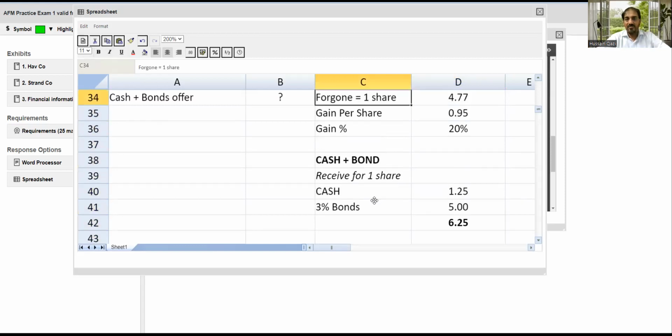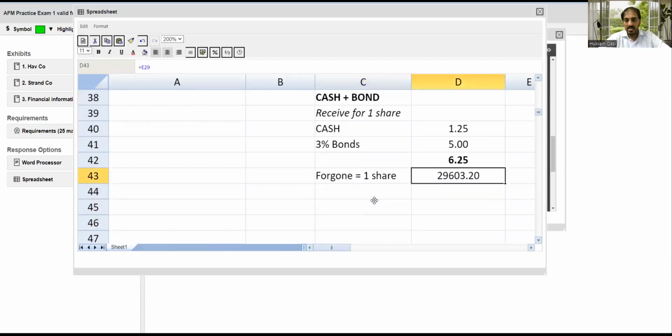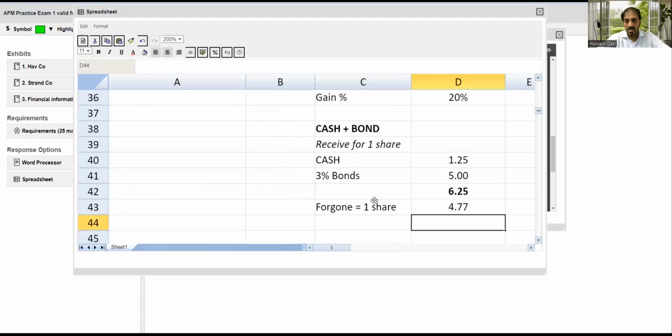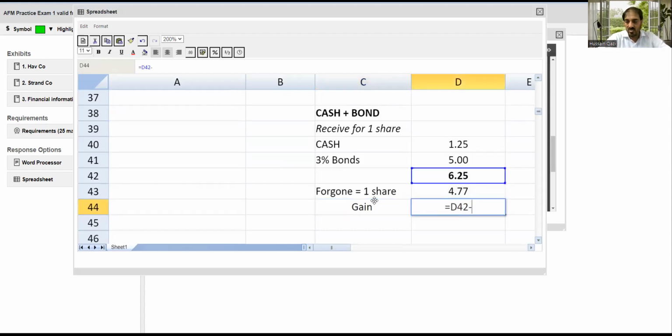And what will they forgo? They will forgo, if they accept, this value, 4.77. So what is the gain? It is equal to 6.25 minus this.